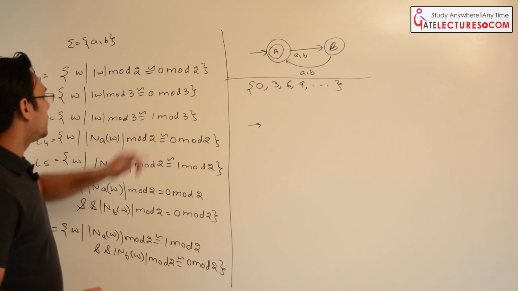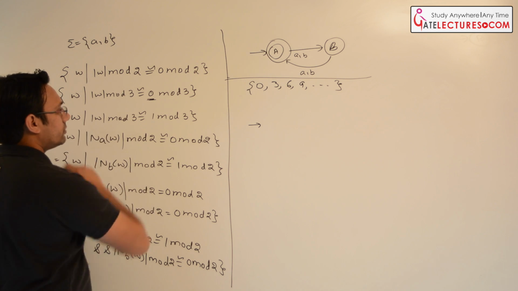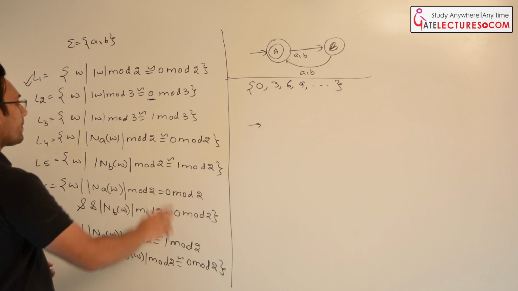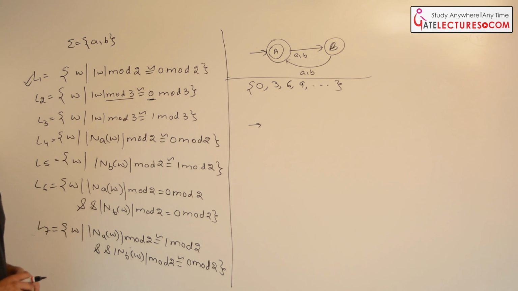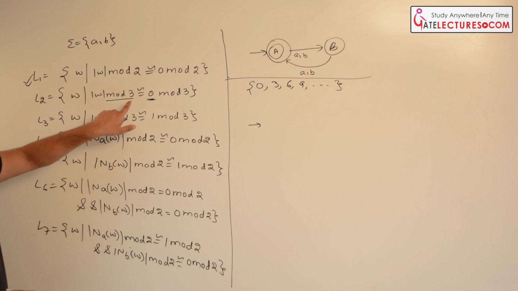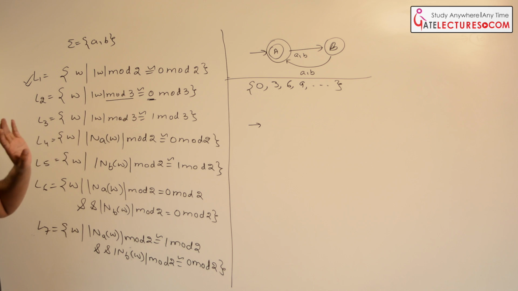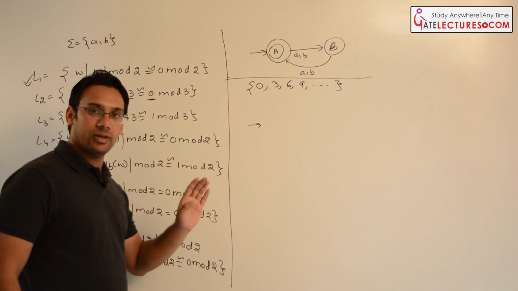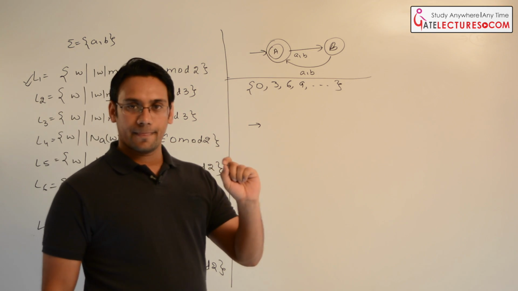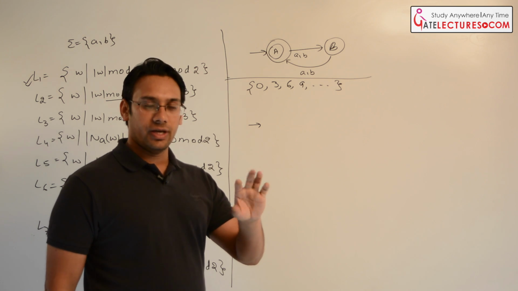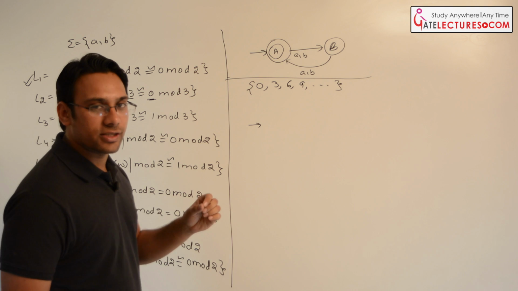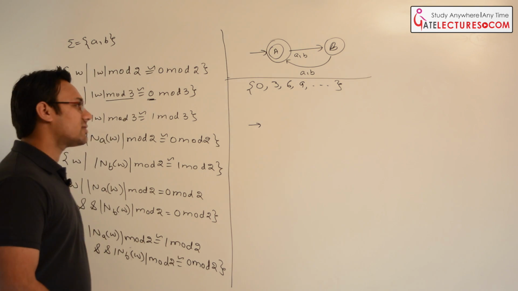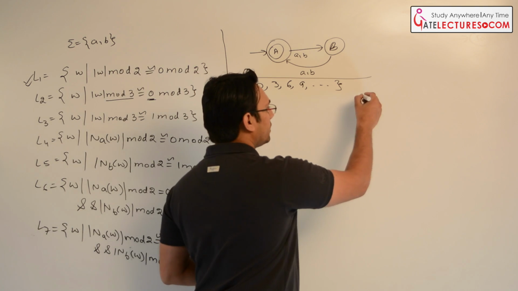Because if we divide any number by 3, the remainder can be 0, the remainder can be 1, or the remainder can be 2. We can only have 3 remainders, right? What I mean to say is, if you take any random number, let us suppose the random number is 7.